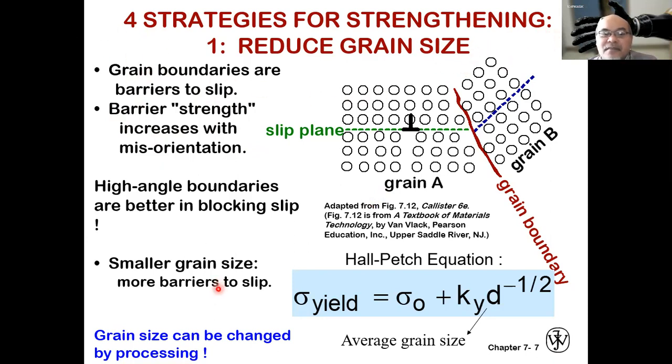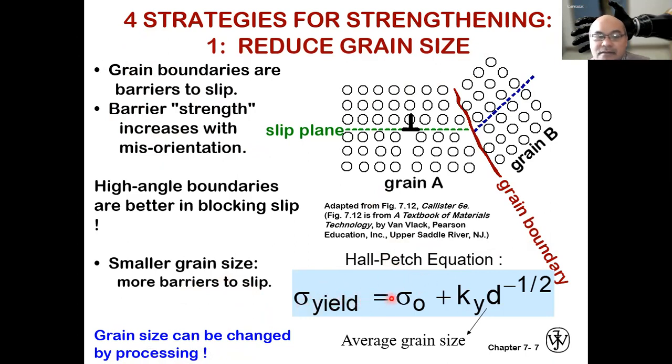Okay. Grain size can be changed by processing. By certain processing, we can change the grain from large to smaller. So here, this is the Hall-Petch equation.